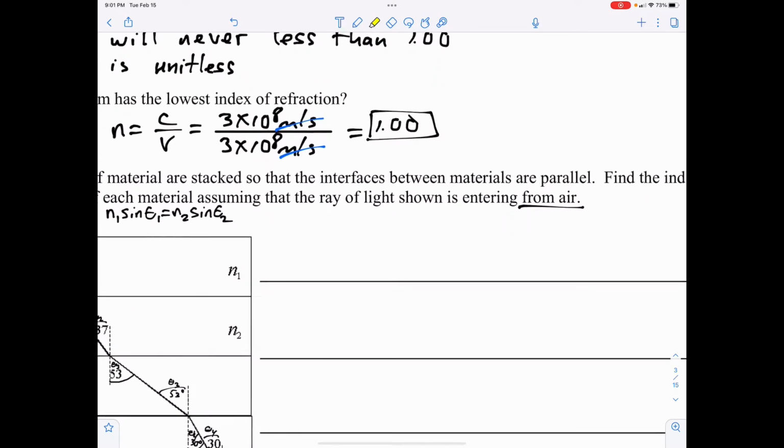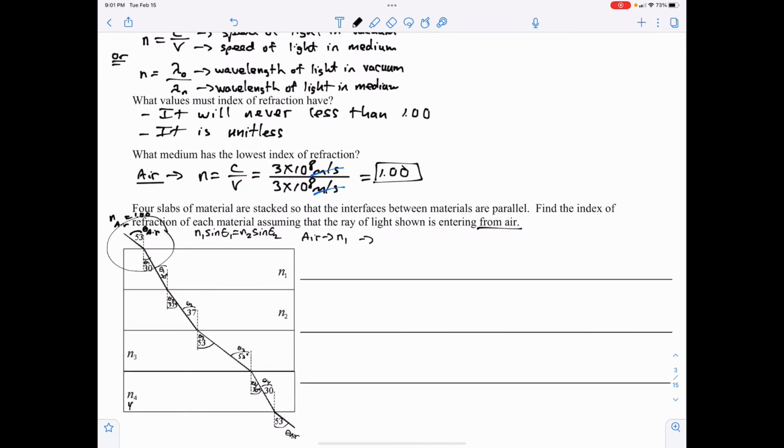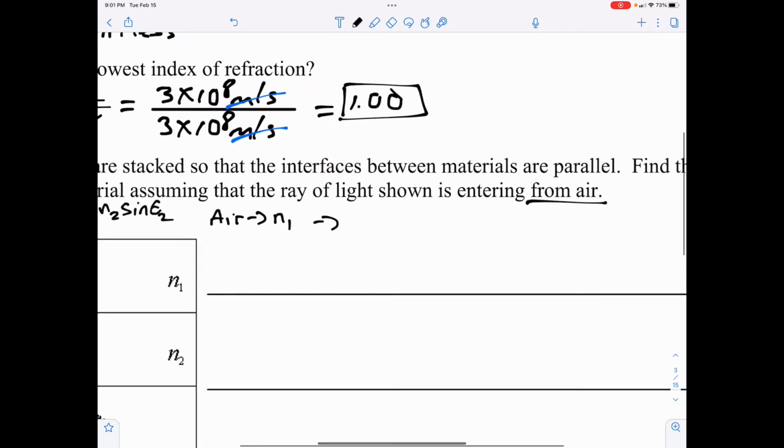All right, so here's the first one. In the first one, we're going from air into N1. Okay, so using our equation, we're talking about this interface right here. It would be N air sine theta air equals N1 sine theta 1. Now you're solving the equation for N1, and you're going to do that by dividing both sides by sine theta 1.